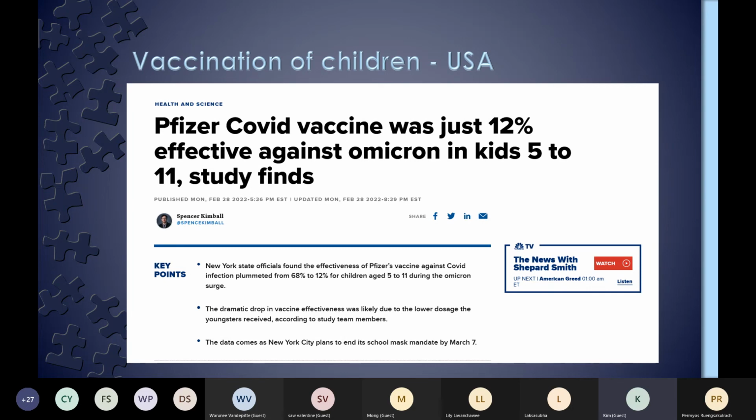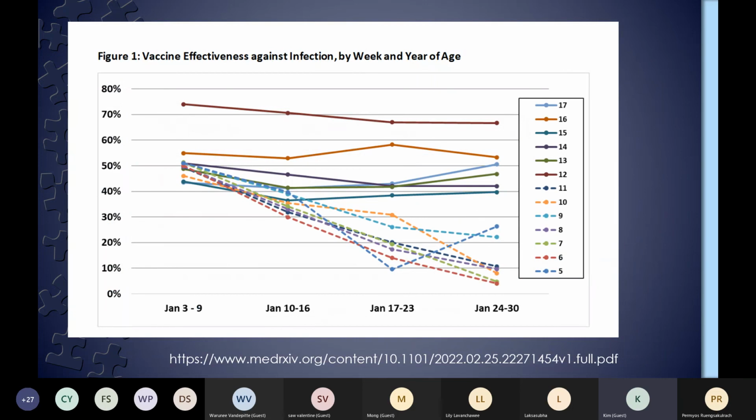I had to look into this to try and get the data behind it. And this is the graph that sort of summarizes the headline that I've just shown you. And the way to look at this graph is, firstly, it covers the 4 periods of January that's just passed. So it's done by calendar month, and this is all from New York City, so you have to imagine that Omicron is sort of entering the city, as it were.